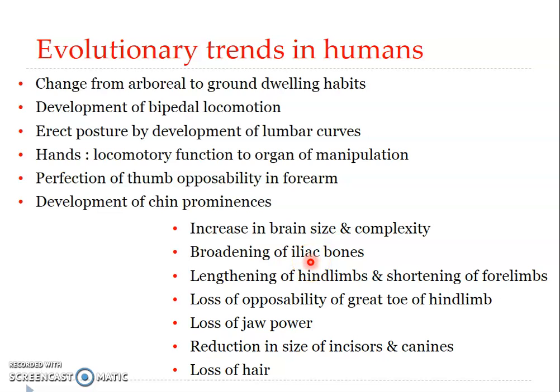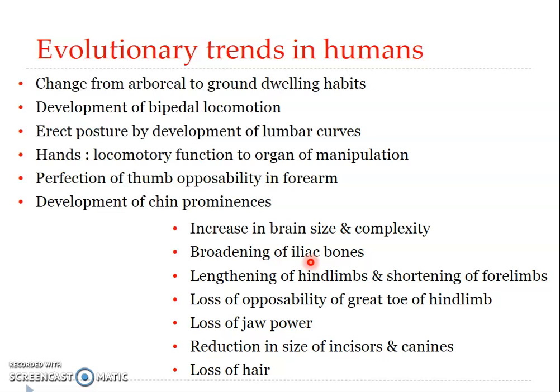The iliac bones of the pelvic girdle got broadened, and it may have helped in bipedal locomotion. Then lengthening of hind limbs and shortening of forelimbs. These two are actually associated with bipedal locomotion and freeing of hands from locomotory function.